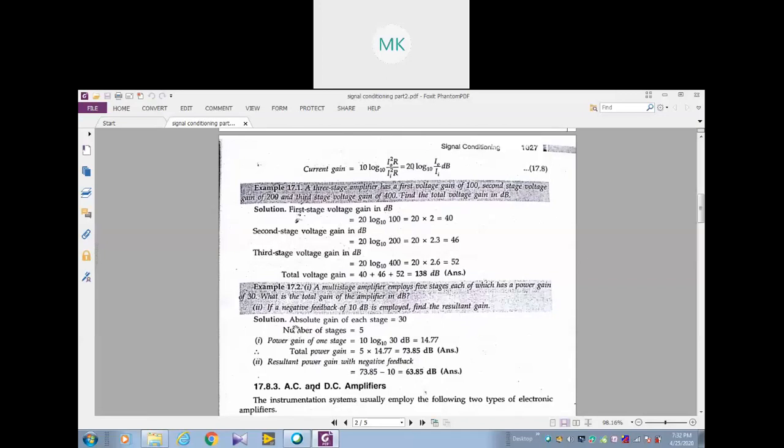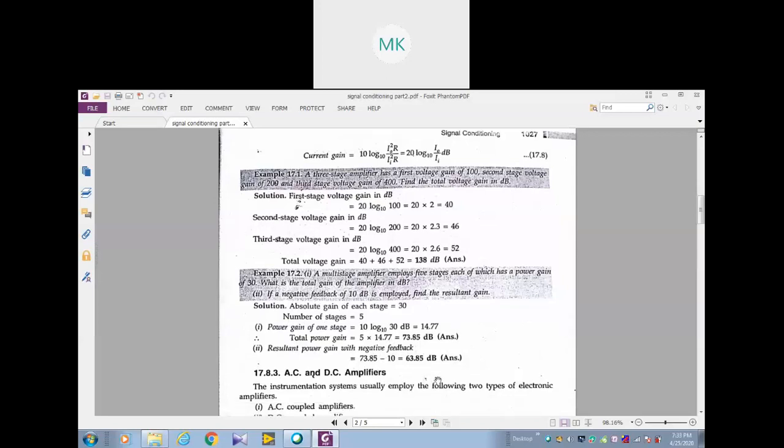For the first one, each stage has a gain of 30 and the number of stages is 5. Converting the gain into decibels using 10 log of 30 gives 14.77 dB; multiplied by 5 gives the answer for the first question. The resultant power gain with the negative feedback is the total minus 10, because of the negative feedback.